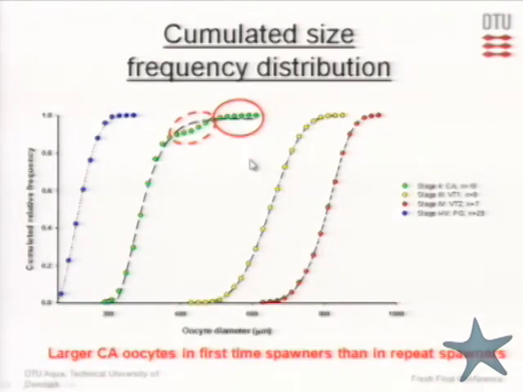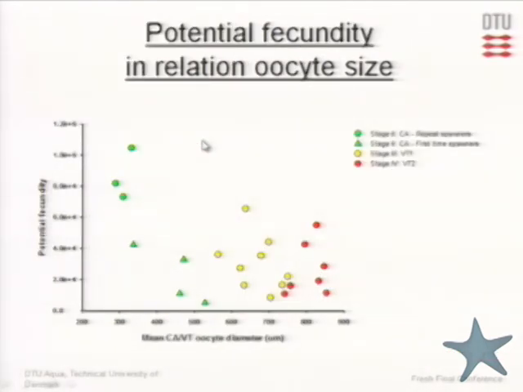So if we now distinguish, we actually saw that the larger oocytes were related to first-time spawners, whereas the smaller size of the cortical alveoli was related to repeat spawners. If we now look at the potential fecundity in relation to oocyte size, we again have here the repeat spawners and the first-time spawners.